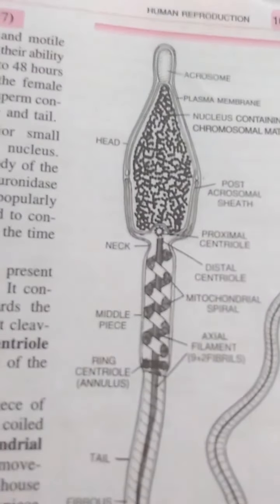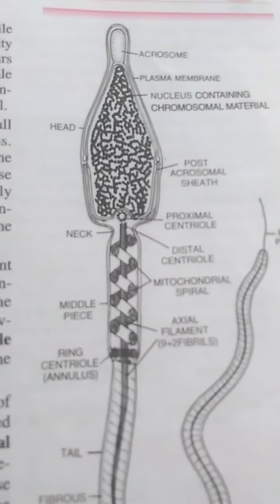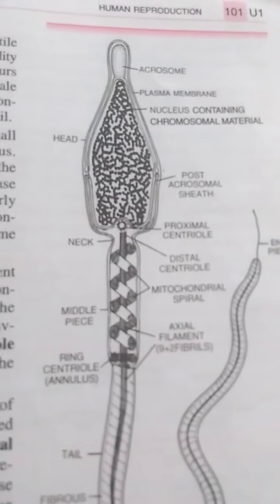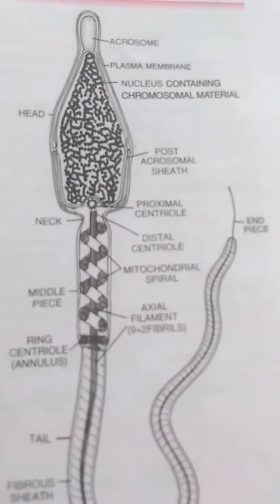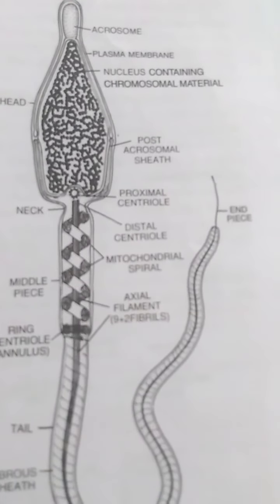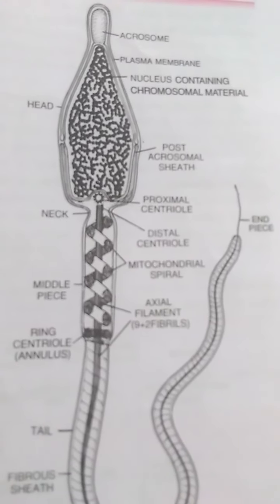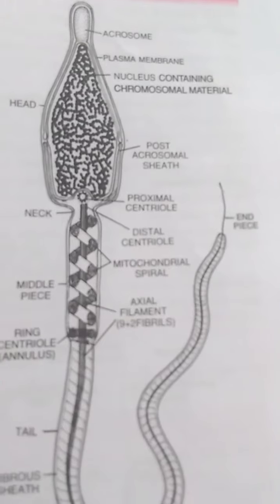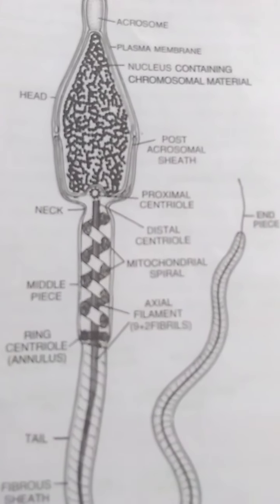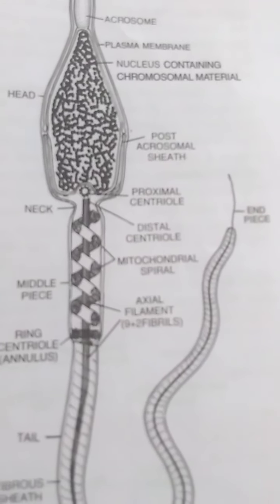The centriole which is present towards the head, called the proximal centriole, has a role in the first division of the zygote, in the first cleavage of the zygote, right? What is the function of proximal centriole?